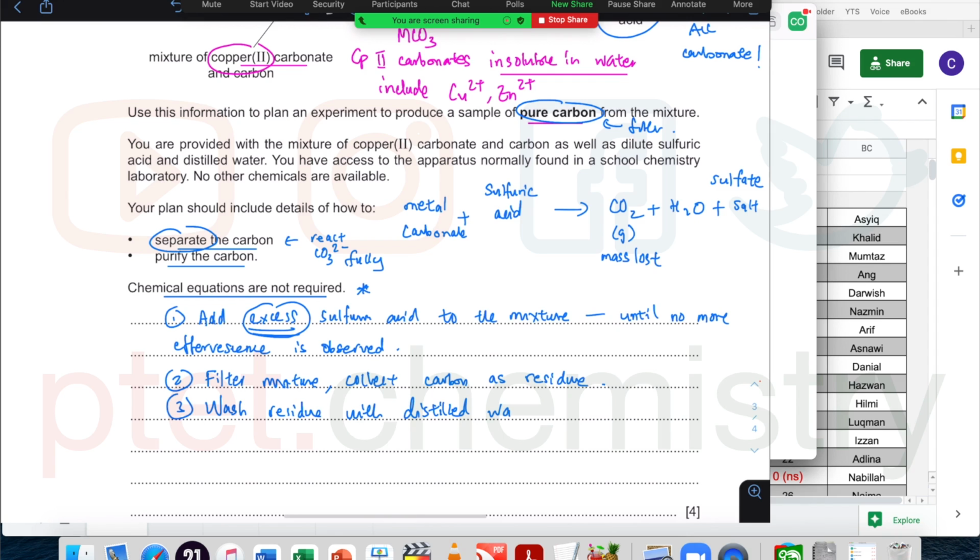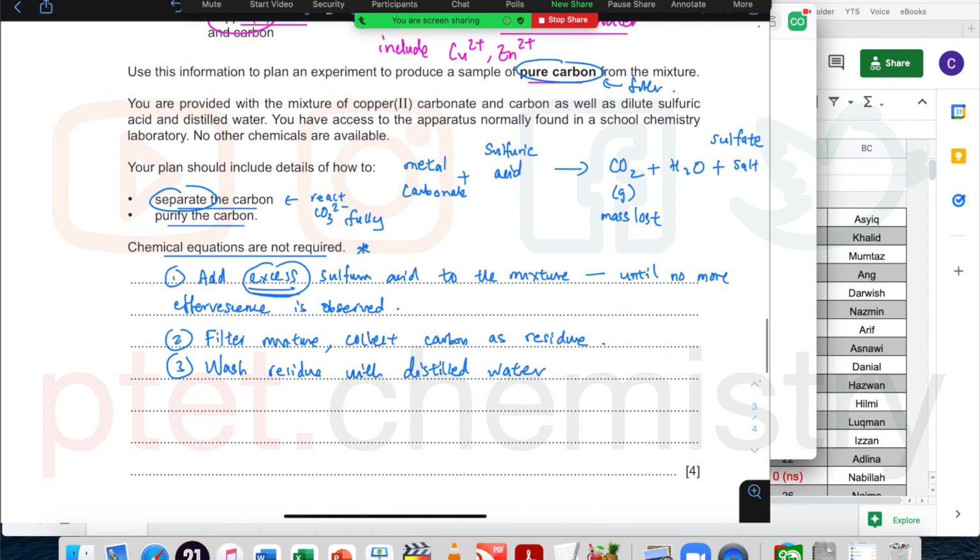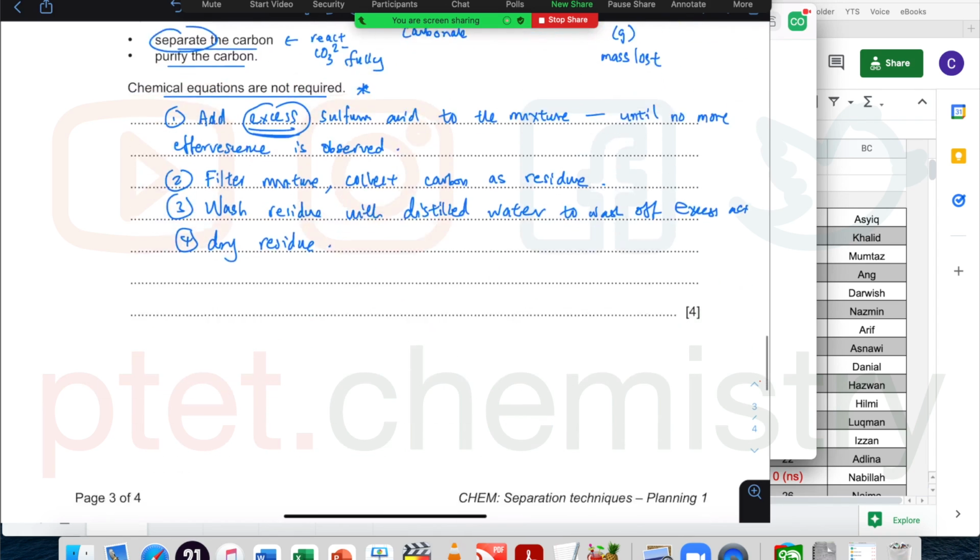We know that the carbon is insoluble, but the water will wash off the excess acid. After that you just dry the residue. You don't want to dry it in between filter paper. That's actually bad. If you have seen carbon and paper, they don't mix together. They just stain your paper. So you just let it dry naturally on your filter paper instead of rubbing it in between filter paper.